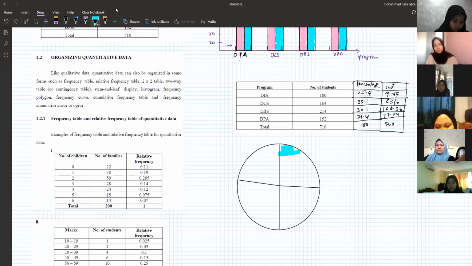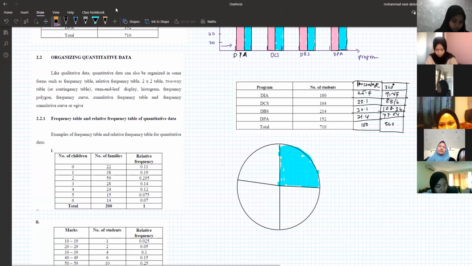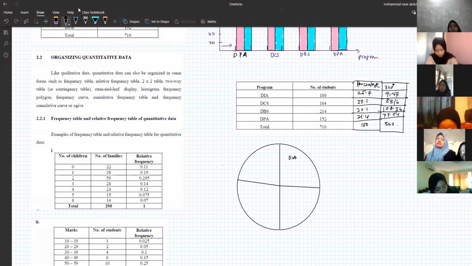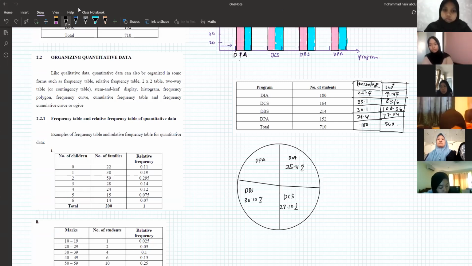You color this first one as diploma in accountancy, or if you don't want to use color also can. This is diploma in accountancy, 25.4%. Diploma in computer science, 23.1%. And this is diploma in business study, 30.1%. And the last one is diploma in public admin, 21.4%. So this is an example of a pie chart.